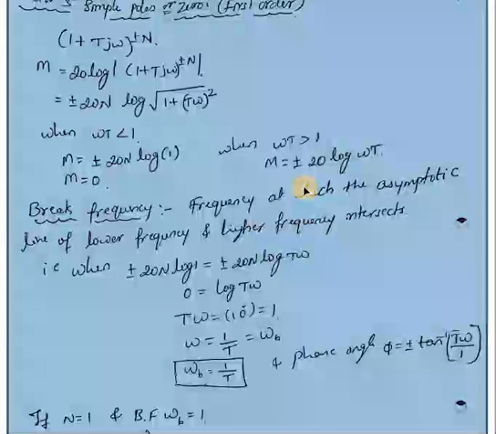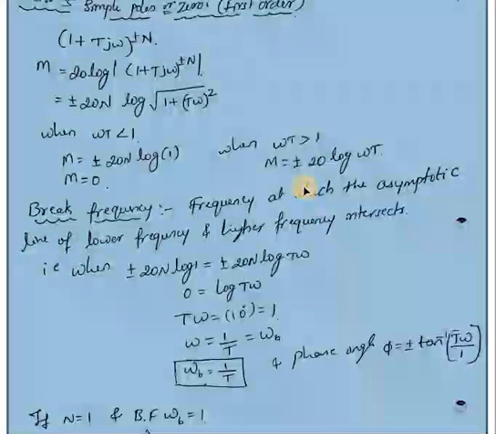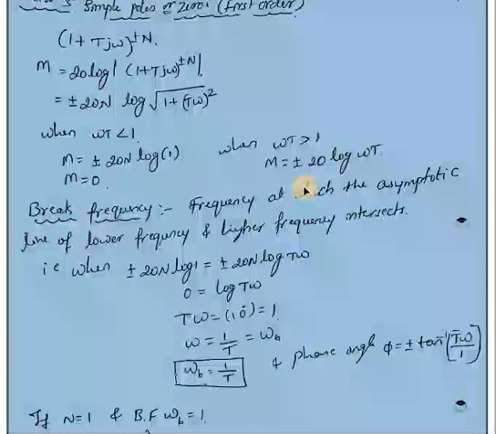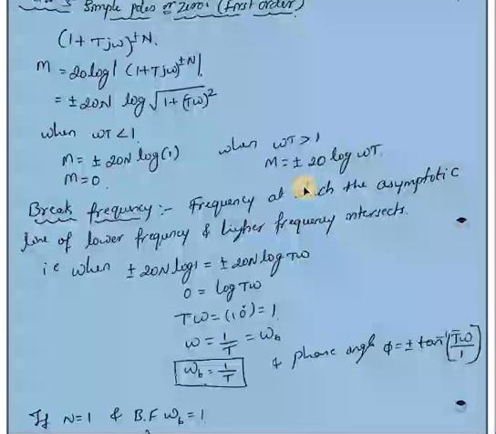Thus for the low frequency, the magnitude plot is the 0 dB line, while for the higher frequency it is a straight line of slope minus 20 dB per decade. So now it is necessary to find the frequency omega which separates the frequency range into low and high. This is the value of frequency at which the straight line of slope minus 20 dB in the high frequency range intersects with the 0 dB line in the low frequency zone.